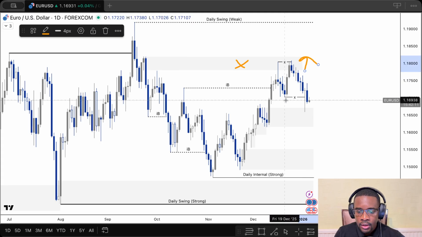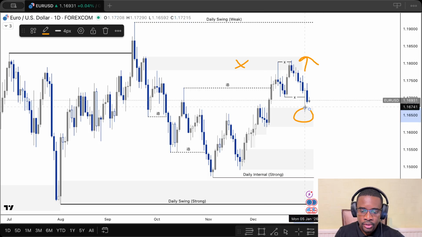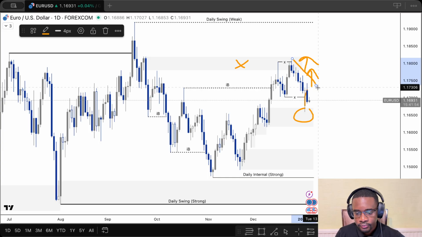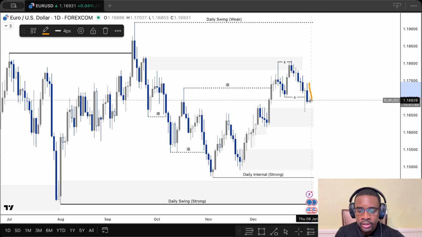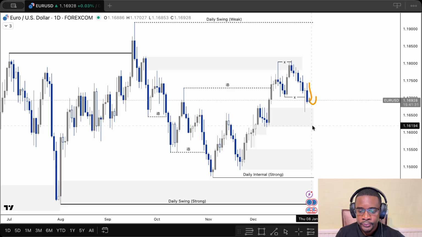We mitigated this demand range, had a strong reaction, and so we're expecting that from this strong reaction, price starts pushing up, and we expect the failure swings to fail. However, yesterday we had a strong bearish day after taking the previous day high, and then a strong bearish reaction. However, we did not take Monday's low.